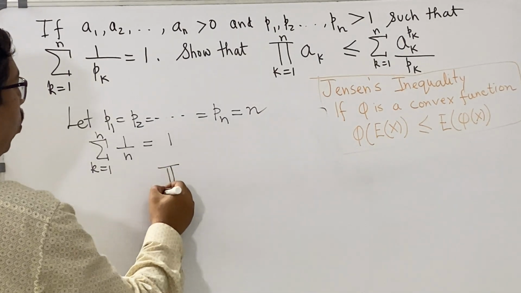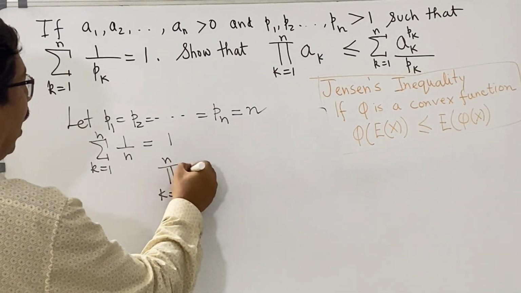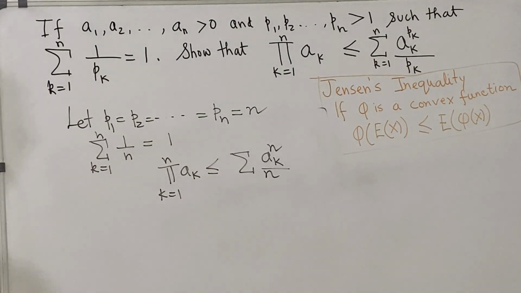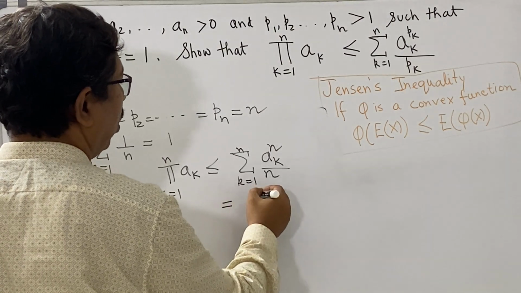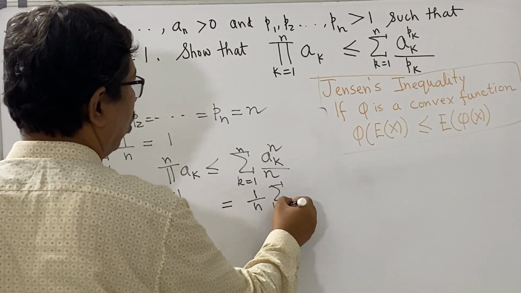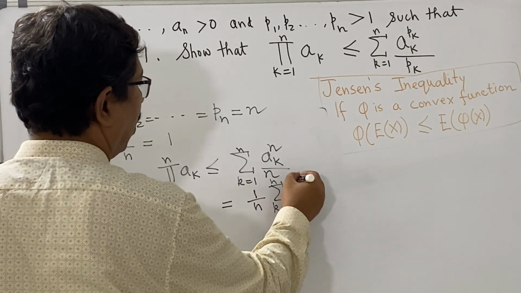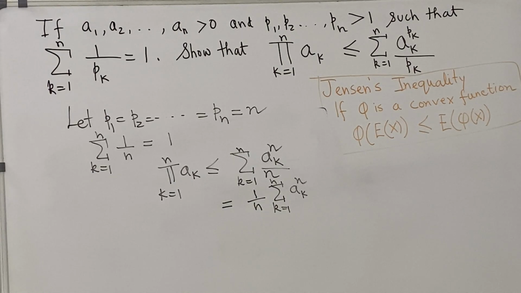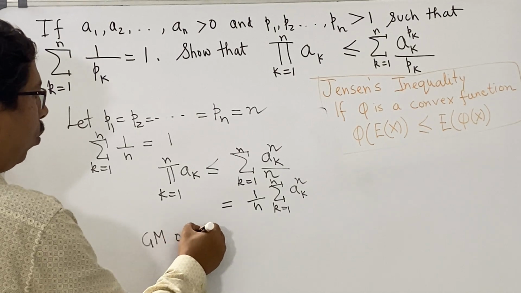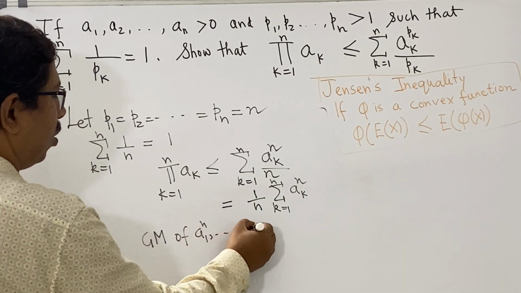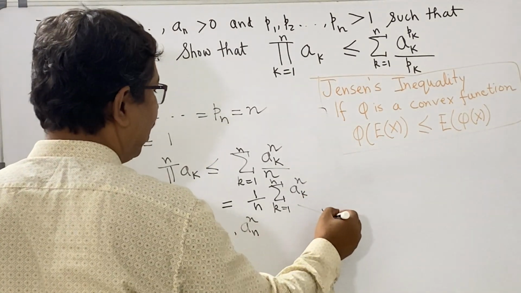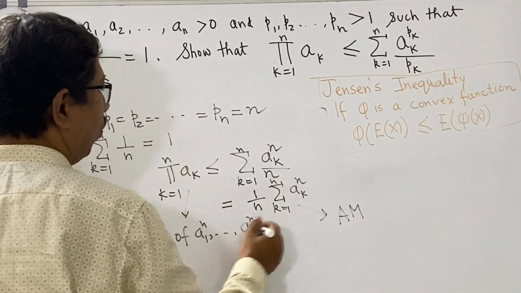We get that the product of k equal to 1 to n of ak is less than or equal to 1 by n summation of k equal to 1 to n of ak to the power n. It is easy to see that the left hand side is the geometric mean of a1 to the power n, etc., an to the power n, and the right hand side is the arithmetic mean of the same quantities.